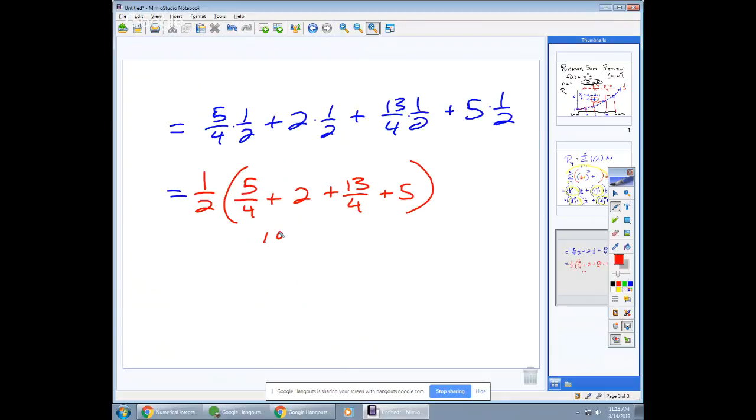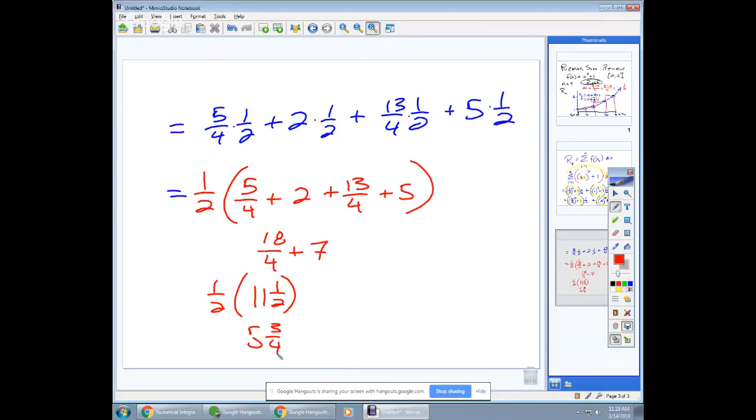So I have 18/4 plus 7, and 18/4 would be 4.5. 4.5 plus 7 is 11.5. So we get 1/2 of 11.5. Half of 11 is 5.5. Half of a quarter is an eighth. So is that 5 3/4?